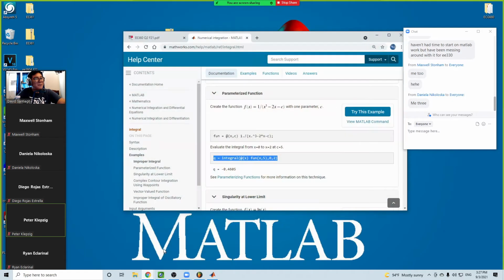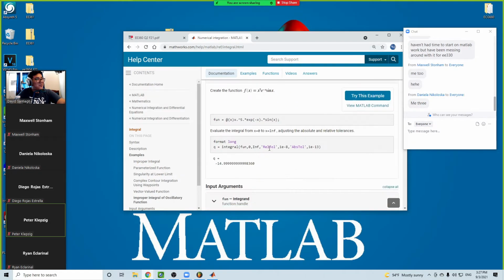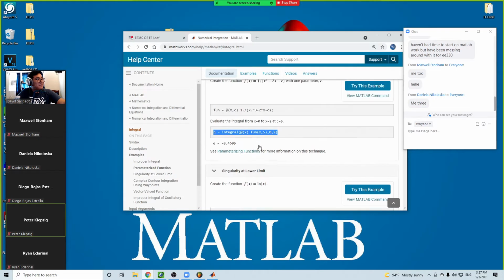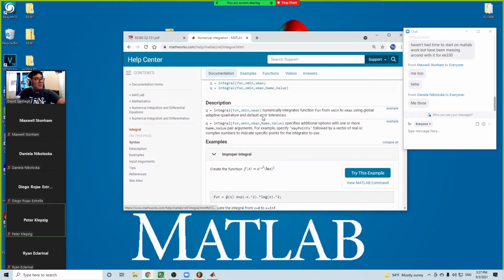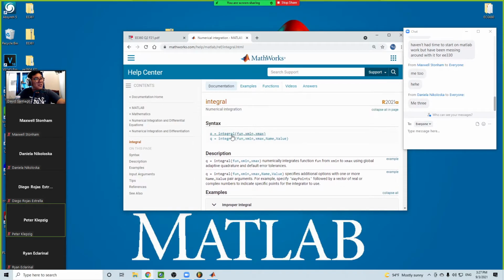But you see how MATLAB can be really, really helpful. You have Google. You can look at these examples. It walks you through how to do it. And it's a tool, so use it as much as you can. It doesn't solve problems for you. It just helps you calculate values, just crunch numbers really well.